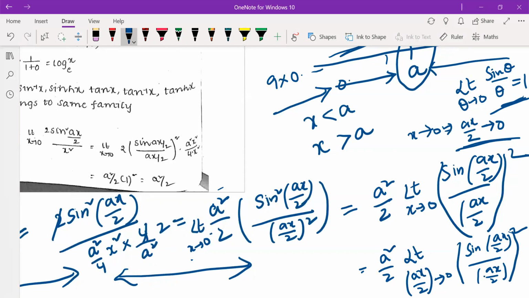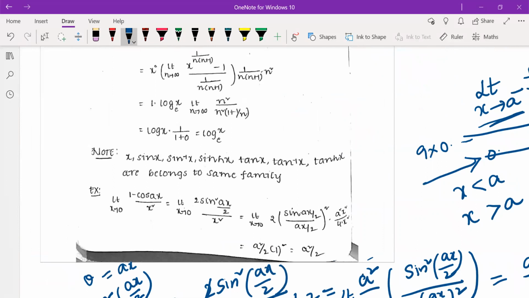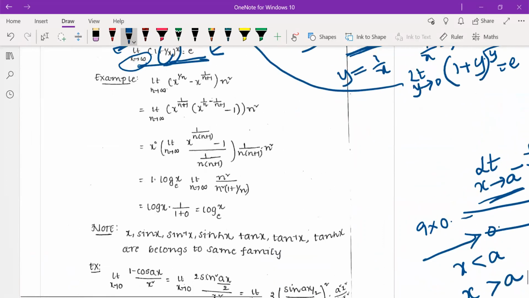We can take the limit outside the square; we'll prove this in the next sections. If this is 1, the whole square will also be 1. So the answer is a square by 2.